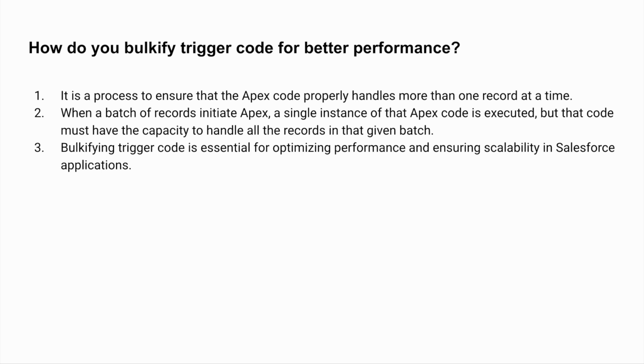When we execute our batch, it executes an instance of Apex code, and that instance should have the capacity to handle multiple records or all the records at a time.